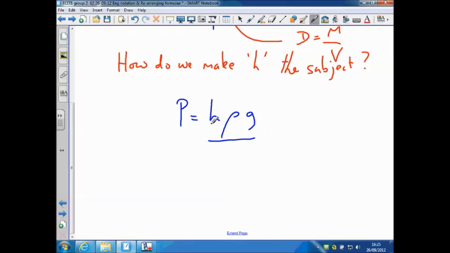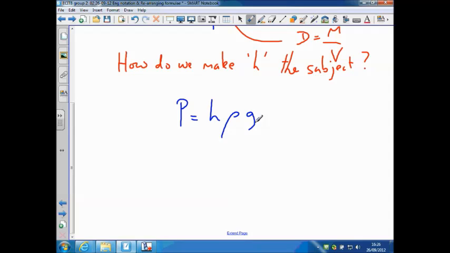I want H to be on its own, and then I would have a new formula to find H. So I need to get rid of these other two symbols, rho and G. Height, this number H, has been multiplied by the density and multiplied by G. So I need to undo that effect. Some people think of it as undoing multiplied by rho. Some people think of just cancelling the rho out. But the end result is the same.